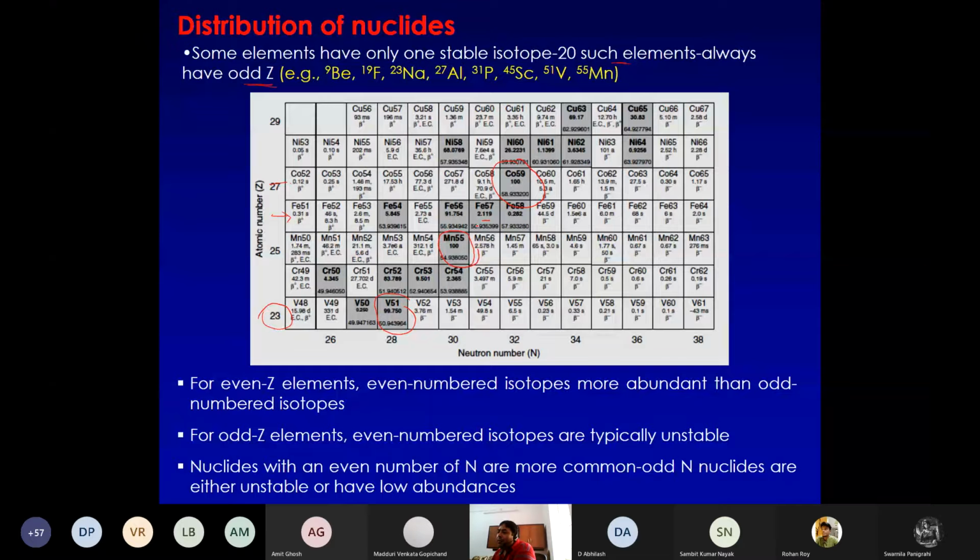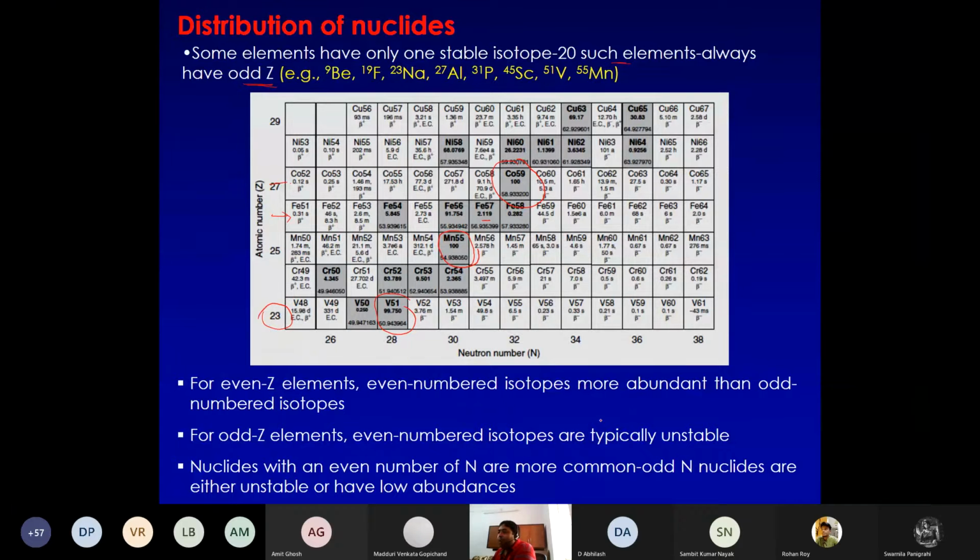So if your element has an even atomic number, in most cases the isotopes which have even mass numbers will always be more abundant than the isotopes which have odd mass numbers. Now, for elements which have odd atomic numbers, the even numbered isotopes are usually unstable.